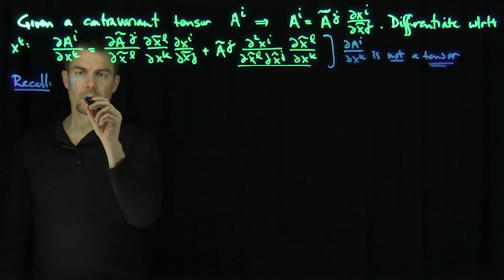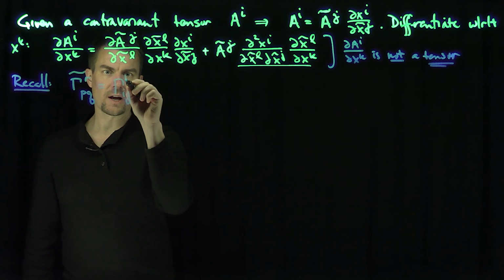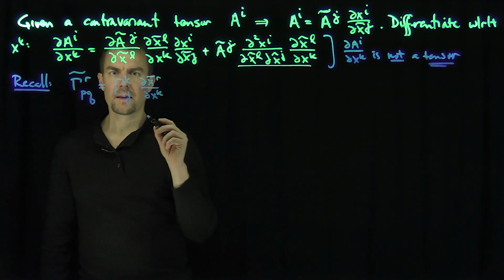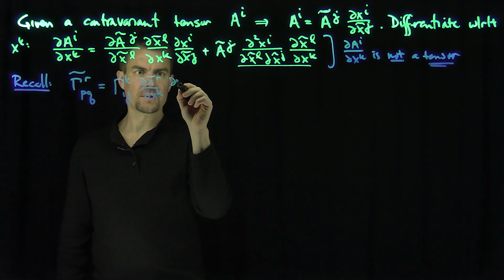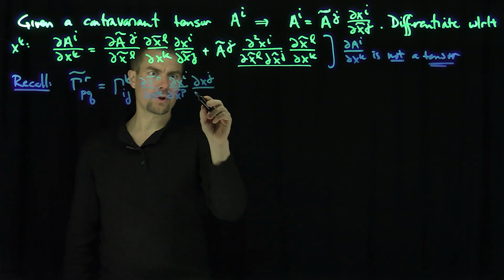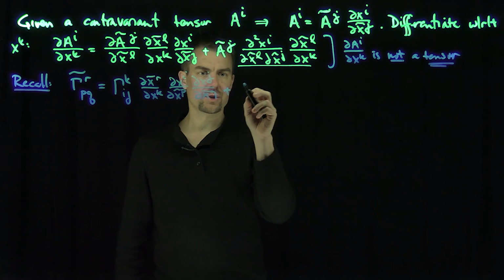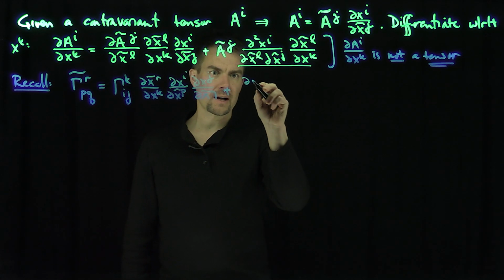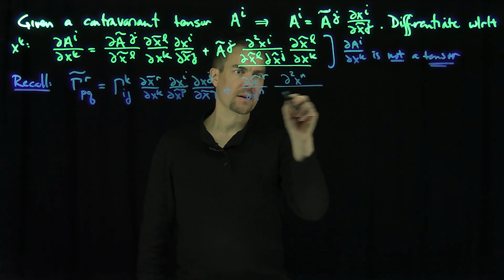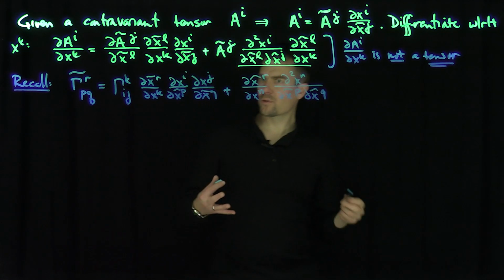Gamma tilde r pq is gamma^k_ij, times dx tilde r over dx^k, times dx^i over dx tilde p, dx^j over dx tilde q, plus just a partial with respect to x tilde r over partial x^n, times d squared x^n over dx tilde p dx tilde q. Okay, and so that's the transformation law for Christoffel symbols.